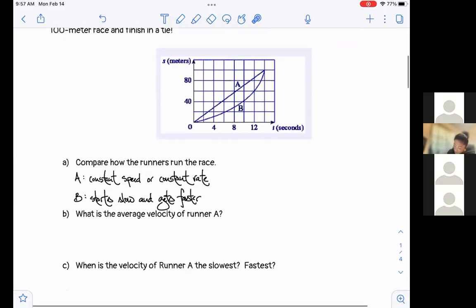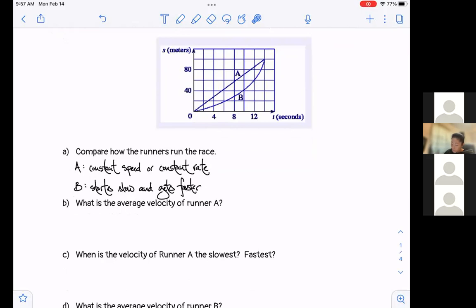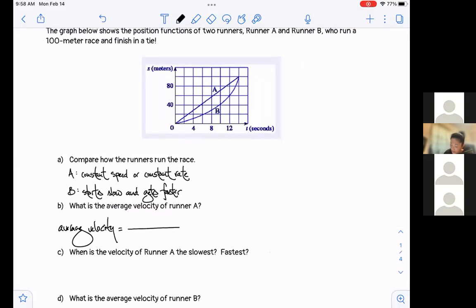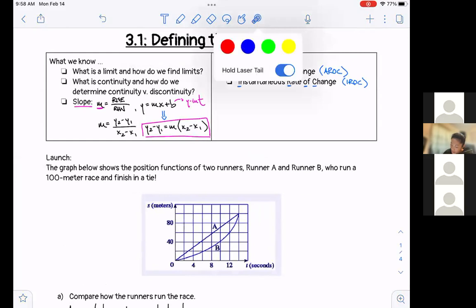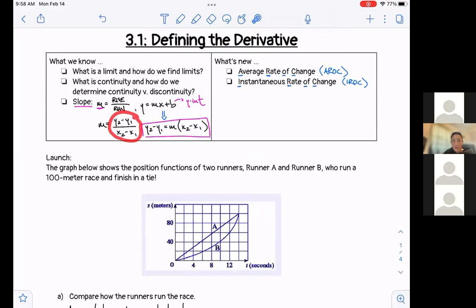All right, so let's start to put in some of these terms that we talked about. In particular, what is the average velocity of runner A? How would I think about velocity, as someone had said, like change in y over change in x?